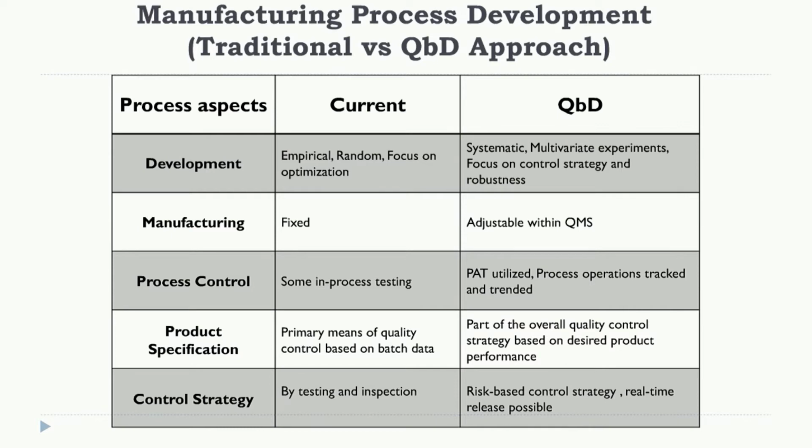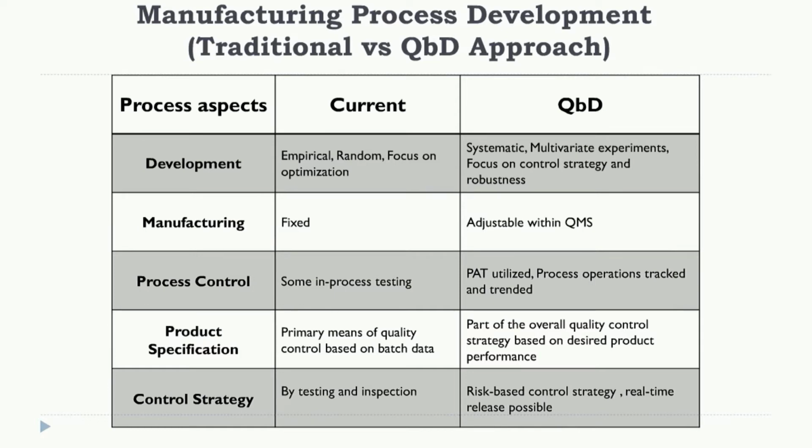Then process control technology: there is some in-process testing involved in the current approach, whereas in QbD, process analytical technology is utilized, and process operations are tracked and trended along the whole manufacturing step. In product specification, in the current approach, the primary means of quality control is based on batch data, whereas in the QbD approach, it is part of the overall quality control strategy based on desired product performance.